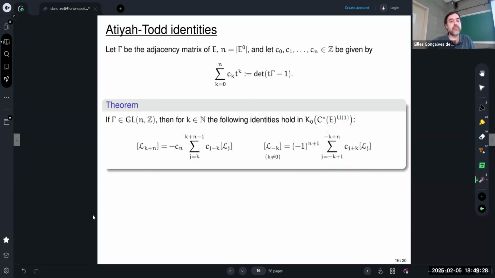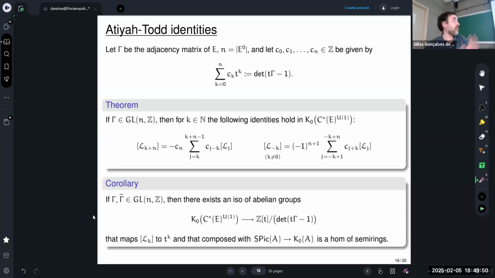I'm not going to read the formulas, but the point is that the class of each line bundle can be written explicitly in terms of the generators, and the coefficients appearing are exactly the ones in this polynomial. The formulas are not that interesting, but they are used to prove the next theorem, and you need all of these expressions to prove what follows.